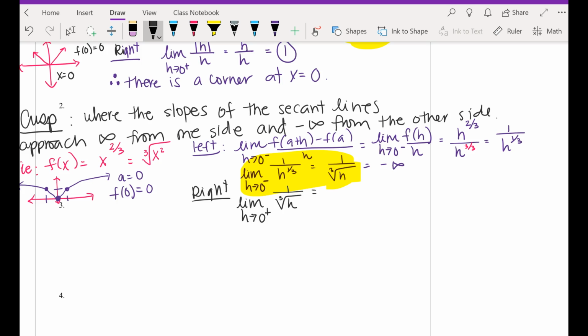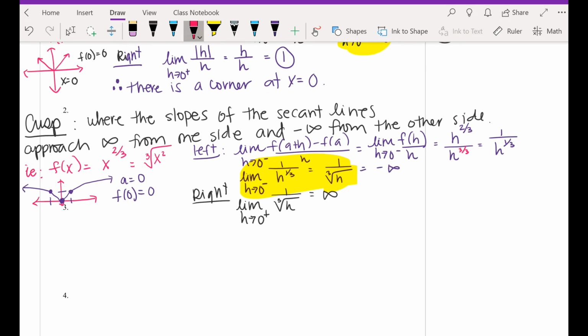So based on this definition, there exists a what? There is a cusp at 0. That means the derivative doesn't exist at x equals 0. Does it exist? No. Is it continuous? Yes, but the derivative doesn't exist.